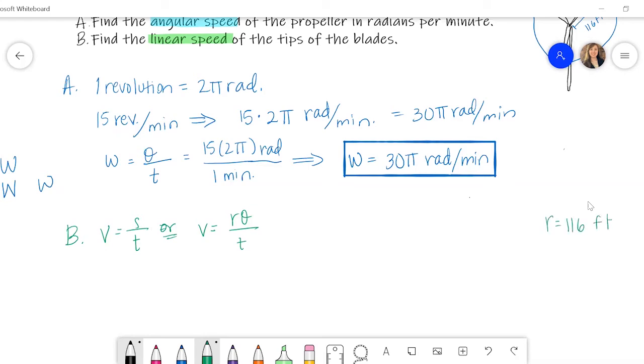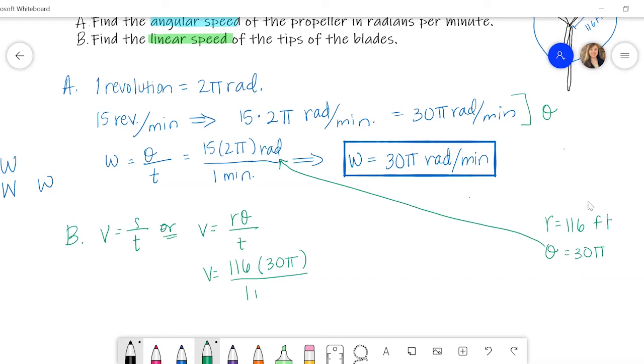The value of theta is really coming from what we found here. I guess I could have called this theta. Theta is that 30 pi. So V is going to be 116 times 30 pi divided by that same time, which is just 1 minute.